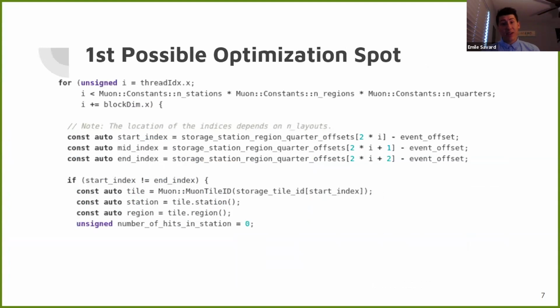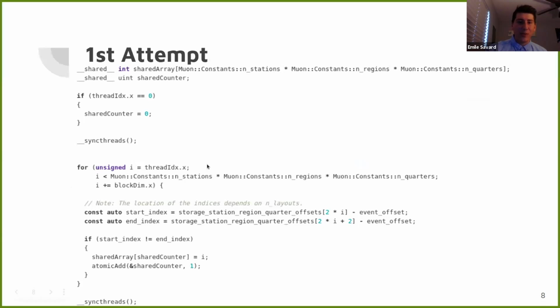And then going into the code itself, our first possible optimization spot that we were looking at was right here, where in the for loop, we calculate a start index, a mid index, and then an end index. And then we check if the start index is not equal to end index. And if that holds true, then we start doing stuff with the data. So our idea was, before the for loop, to calculate just the start index and the end index, and see if they don't equal each other.